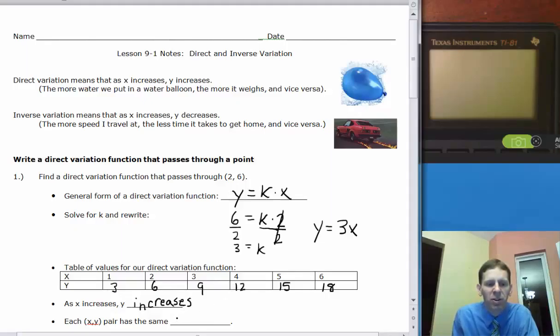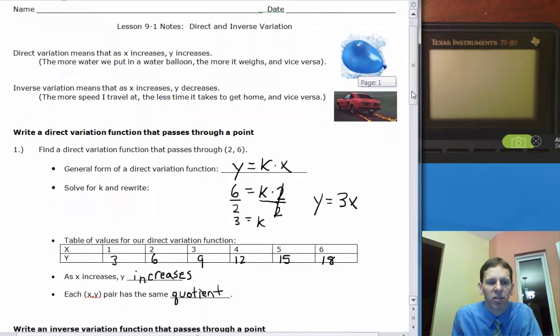Each xy pair has the same quotient, which means that when you divide these numbers, whether x divided by y or y divided by x, you would get the same thing. If you divided 3 by 1 or 6 by 2 or 9 by 3 or 12 over 4 or 15 over 5 or 18 over 6, each of these quotients would equal 3. So that's an example of a direct variation problem.